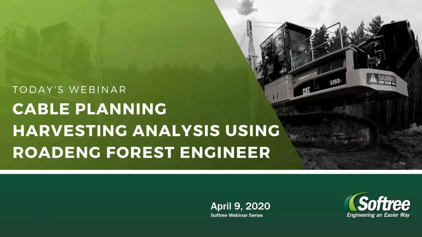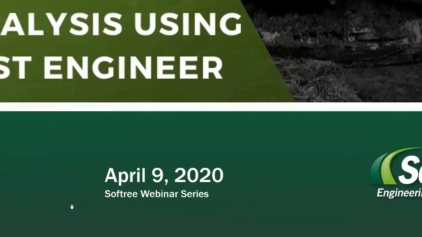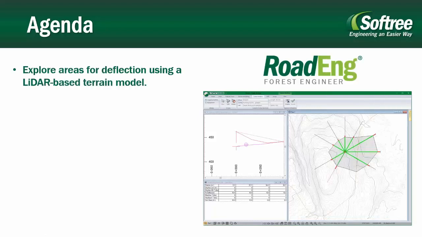With that, just quickly going to cover our agenda. Oops, sorry, I just zoomed in. What a fail. Our agenda for today: first of all, we are going to be bringing in a LiDAR-based terrain model. Dave is going to explore different areas for deflection, and you can see in our little image here what our explore mode looks like.